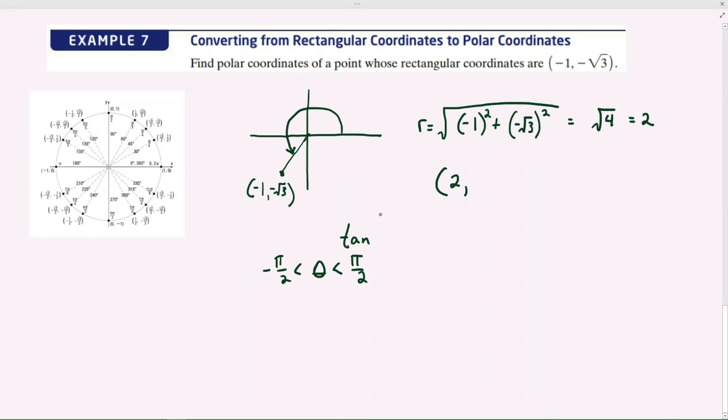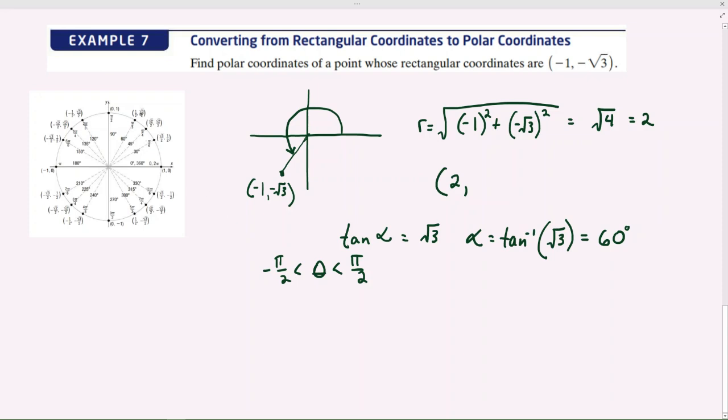So we want the tangent of theta to equal y/x. So I've put a negative square root of 3 over -1, and that would end up being positive square root of 3. So our angle is equal to the inverse tangent of the square root of 3. Okay, and if your calculator is operating in degrees, you're going to see that's 60 degrees.